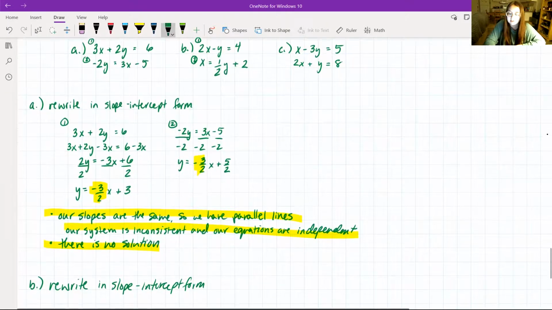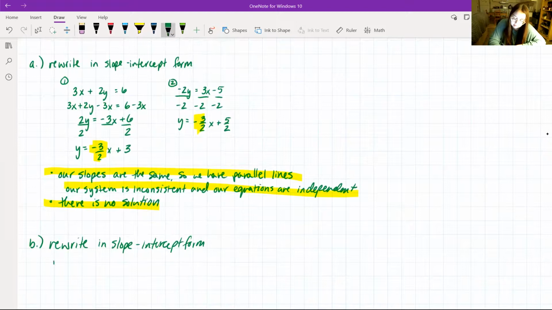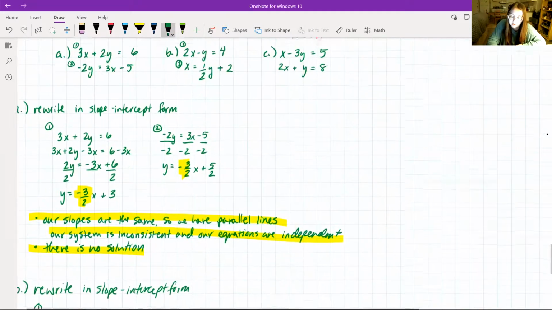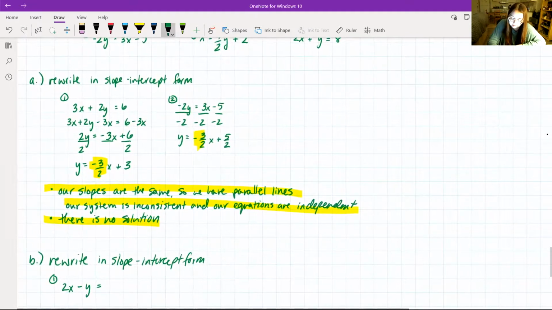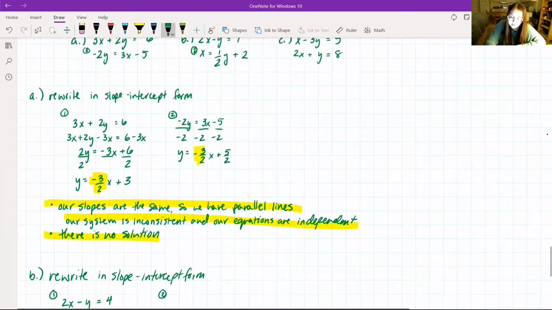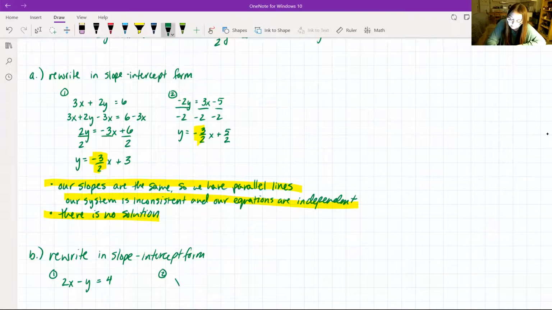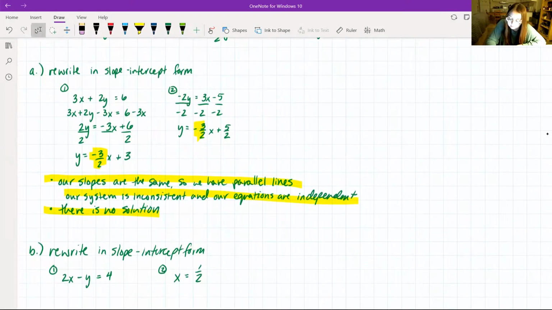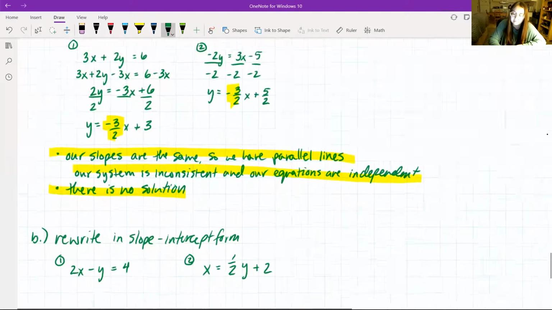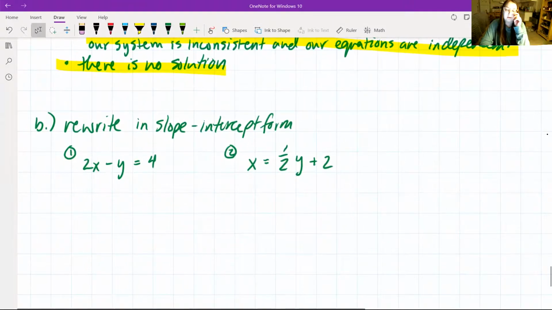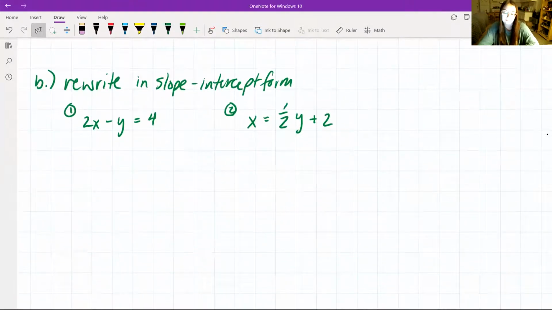Labeling our equations again, our first equation is 2x minus y is equal to 4, and our second equation is x equals 1/2 y plus 2. So once again, we want to rewrite in slope-intercept form.